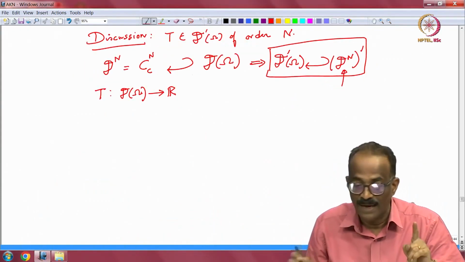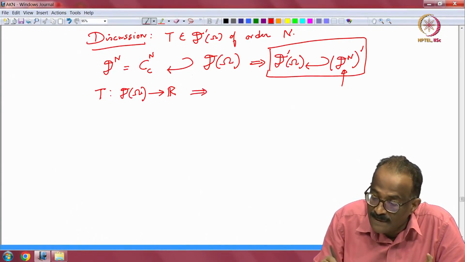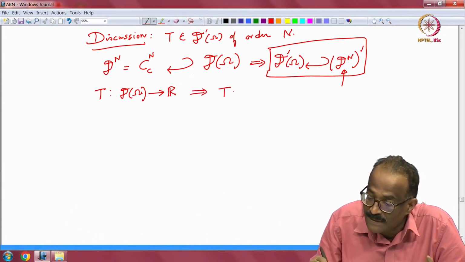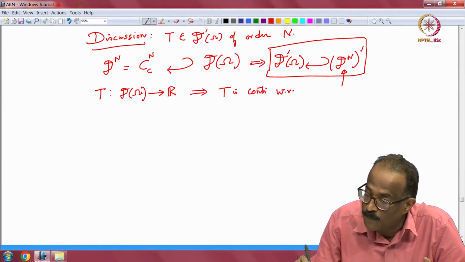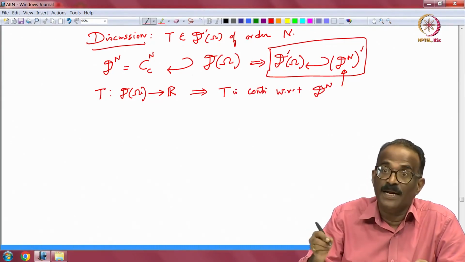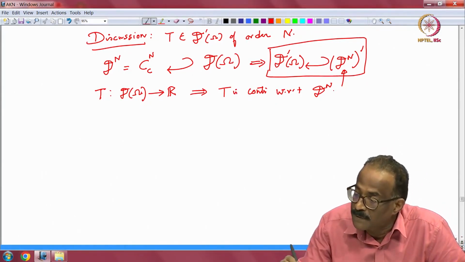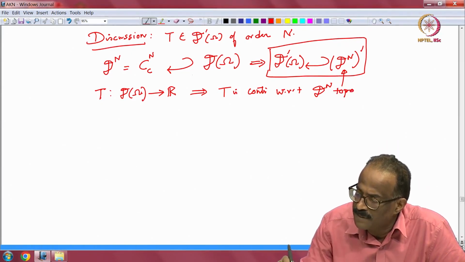If you really look at it, that implies T is continuous with respect to D^n topology. That is the meaning of finite order, because n is enough for everything with respect to D^n topology. That is the meaning of it basically.